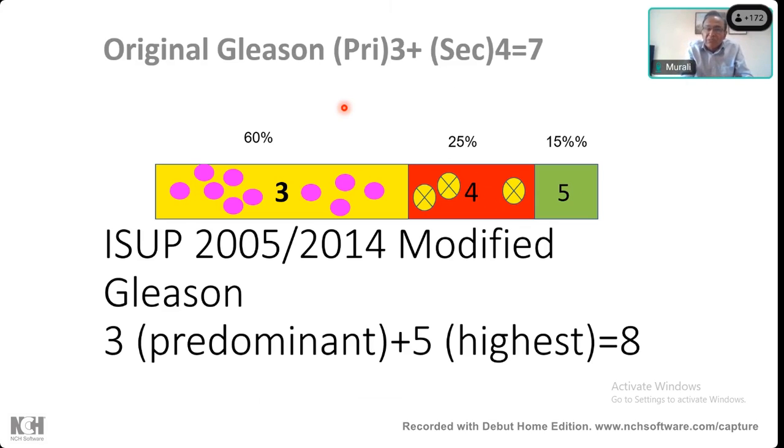But when we have biopsies, the patient might have a lot of pattern 5 in the prostate, but only a little bit of that may be sampled in the biopsy. So in a biopsy, even if you see a small amount of higher grade pattern, we include it in the score because there may be more of it in the prostate gland unsampled.